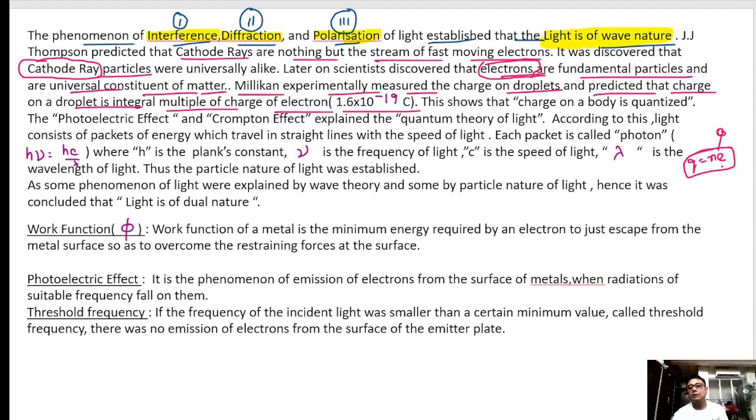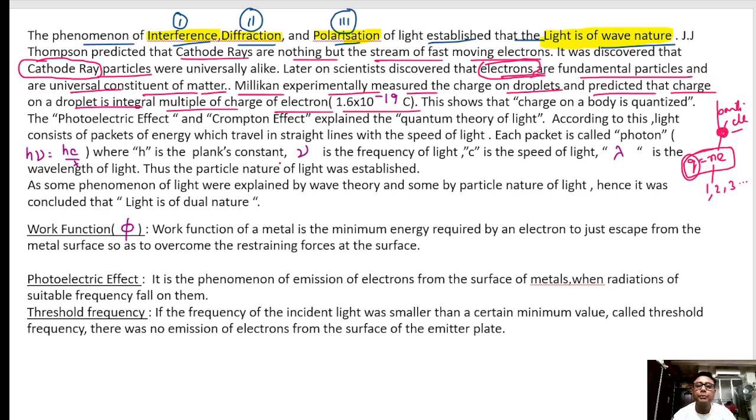That means the charge is 1, 2, 3 times e, so Q is an integer, and this oil drop behaves as a particle.